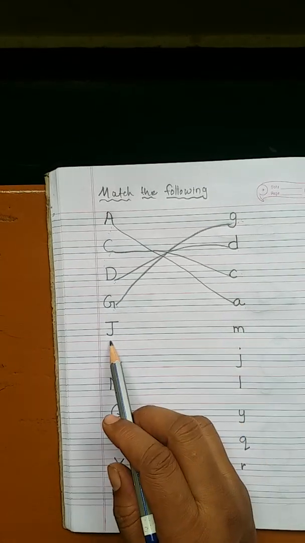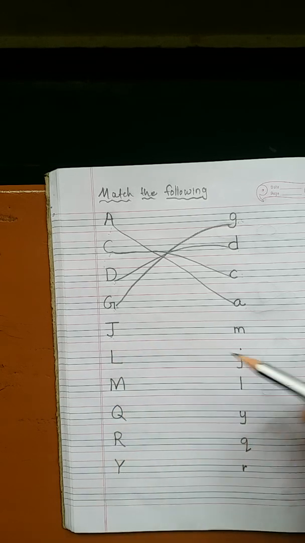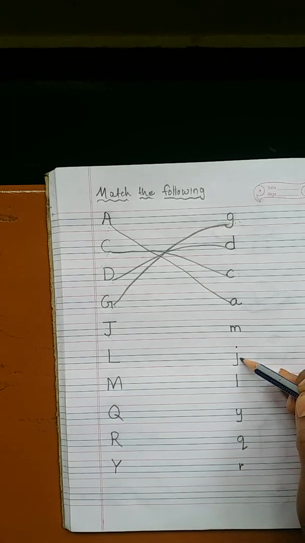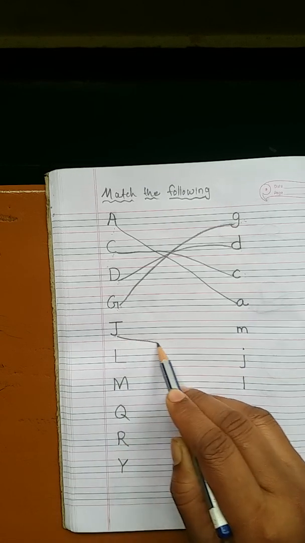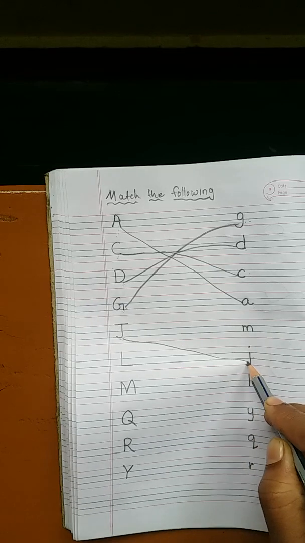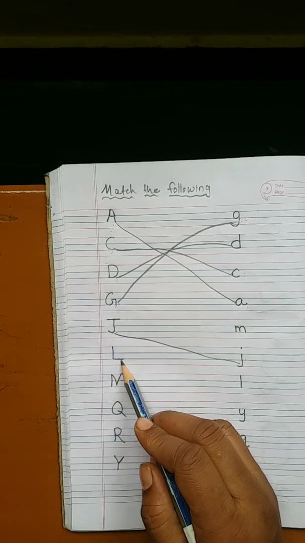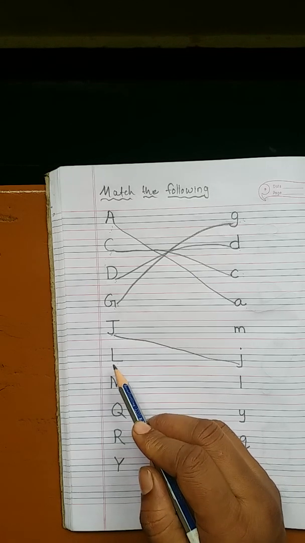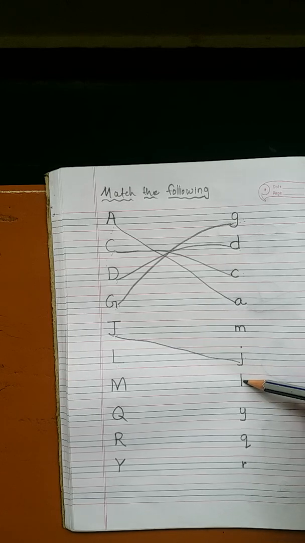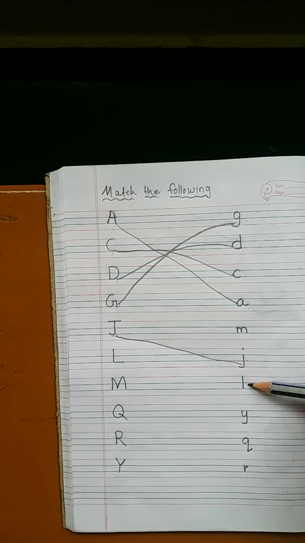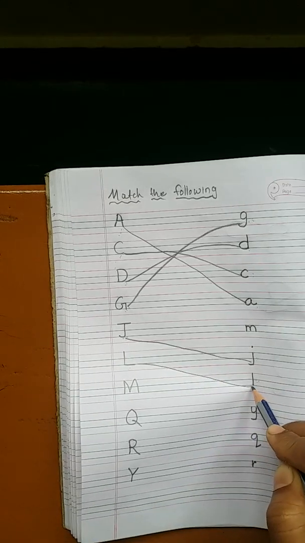And now this is capital letter J and here small letter J. With capital letter J we have to match small letter J. Okay. Now see, this is capital letter L. Here we have to find small letter L and this is small letter L. Here draw one line.